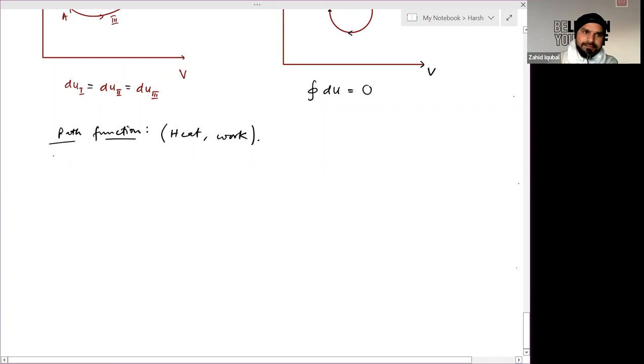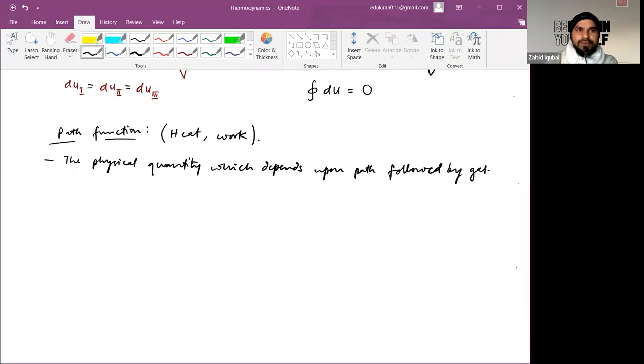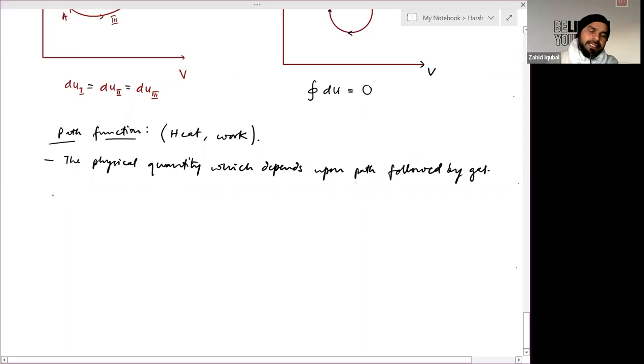So you will say, the physical quantity which depends upon the path followed by the gas. In this, we have two different terms. First is heat.